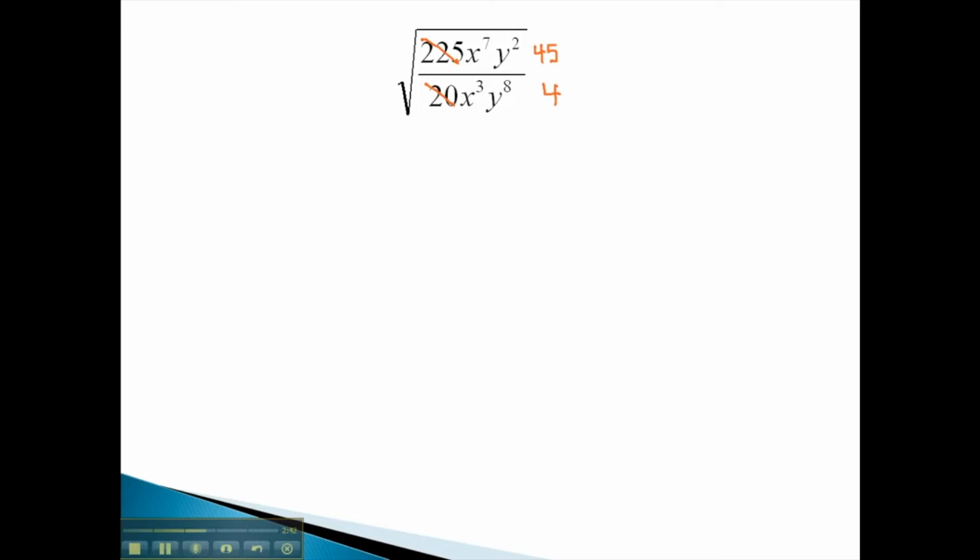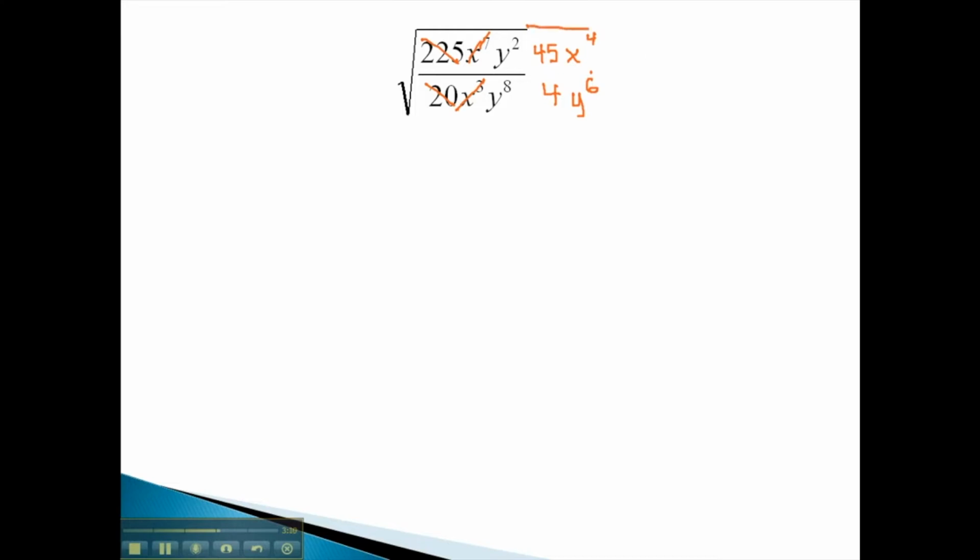On the variables, you may remember that we need to subtract exponents. x to the 7th over x to the 3rd is going to be x to the 4th. When we subtract with the y's, 2 minus 8, we get negative 6. Because this is negative, we'll put the y to the 6th in the denominator.